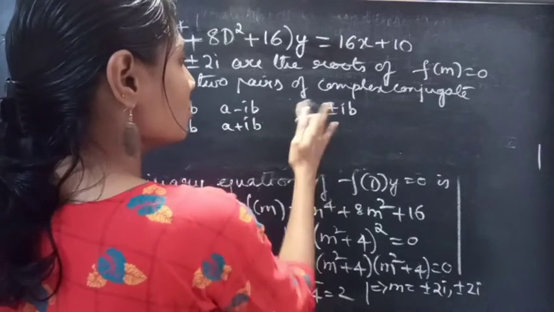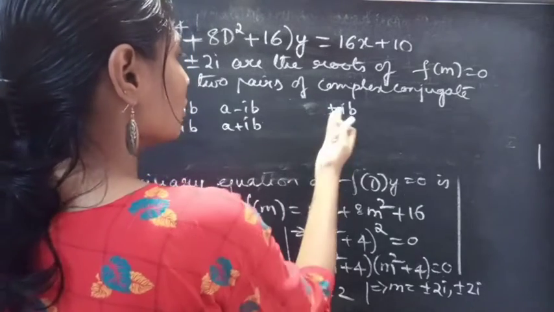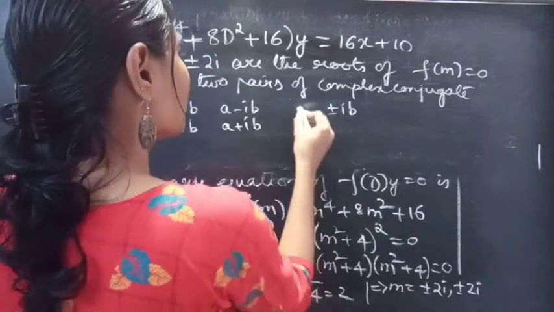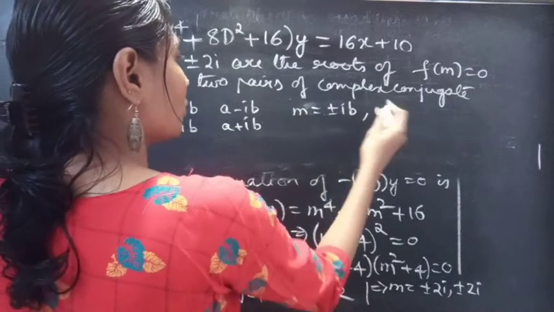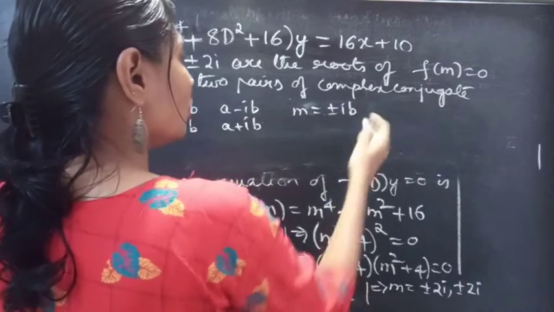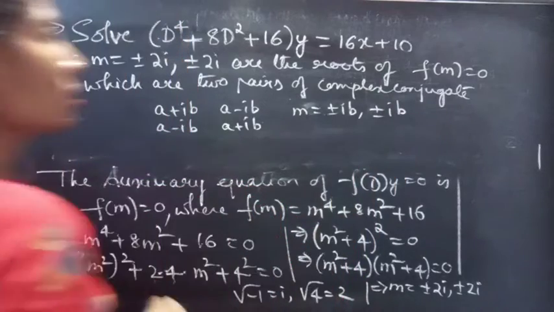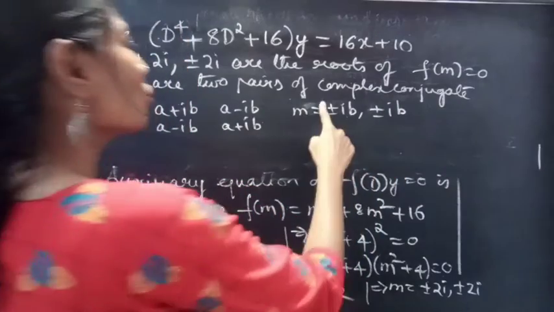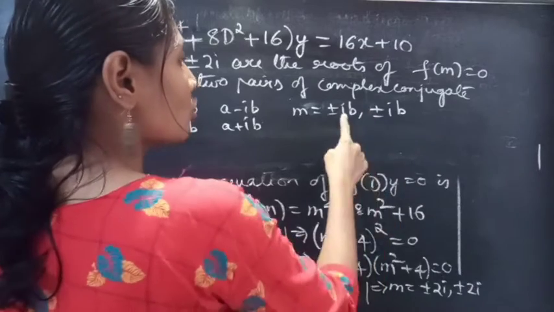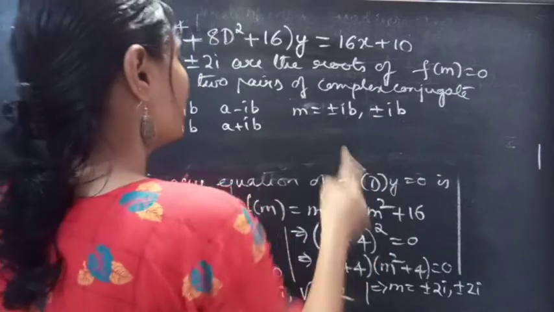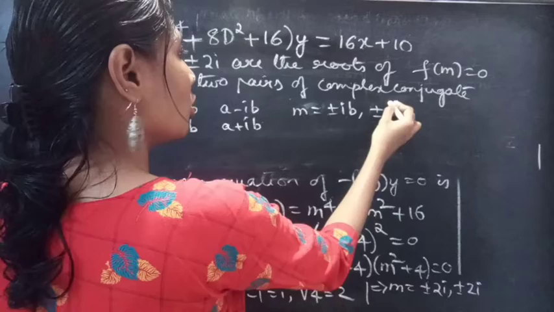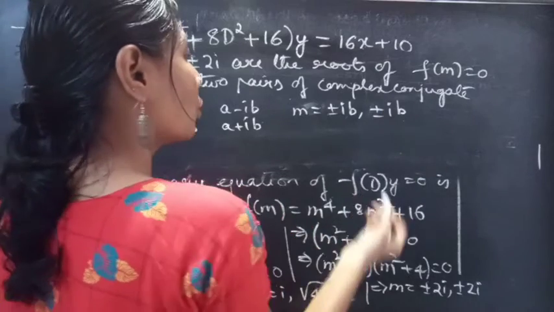What happens if a is 0? We'll get plus or minus ib, right? If we get a pair of purely imaginary roots, since we don't have a real part and are having only the part involving i, we call it purely imaginary.